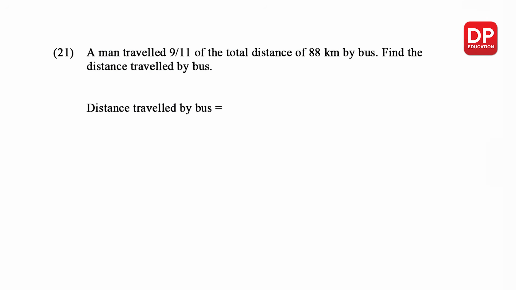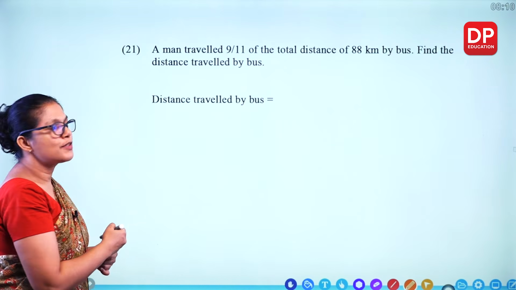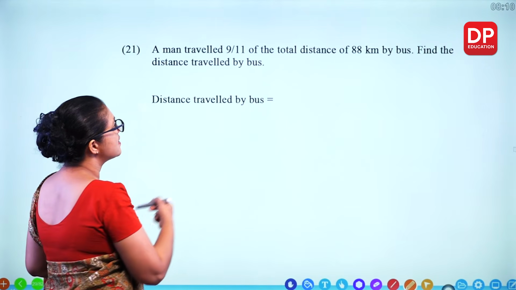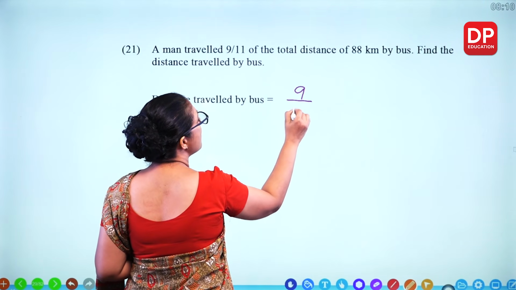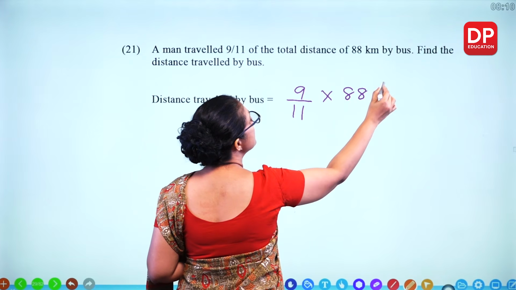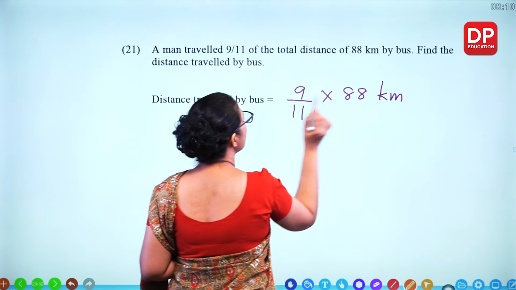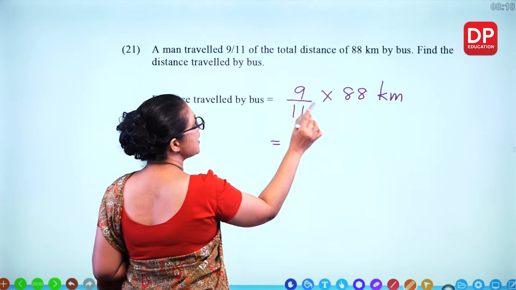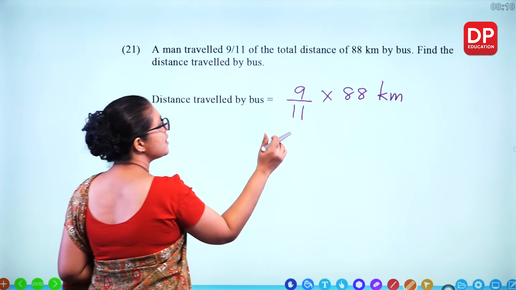Another one. A man travelled 9/11 of the total distance of 88 kilometers by bus. Find the distance travelled by bus. So it's 9/11 of 88 kilometers. So this means multiplication, a fraction with a whole number.